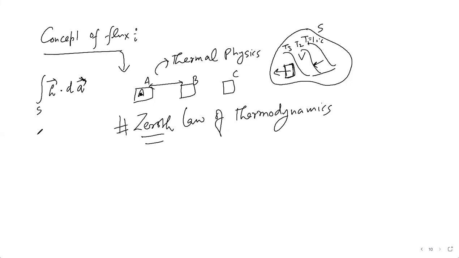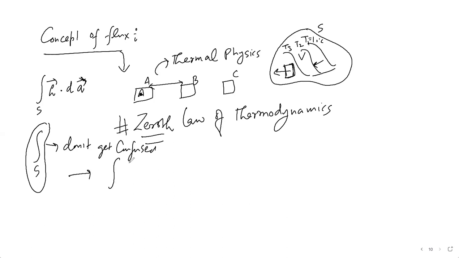So when I put this integral and write this, don't get confused. Don't think that this is a very special kind of integral. What I mean is that this stands for something like this.